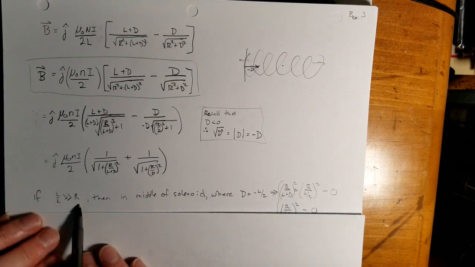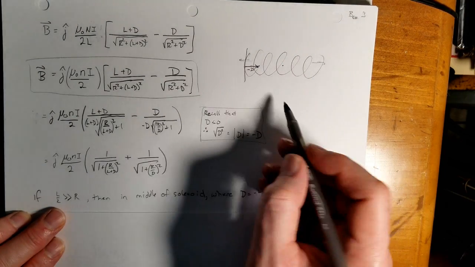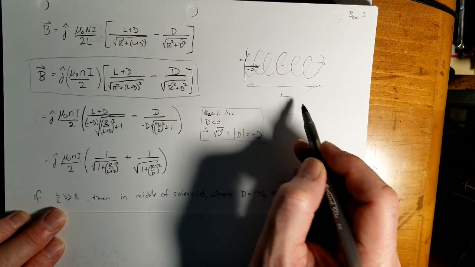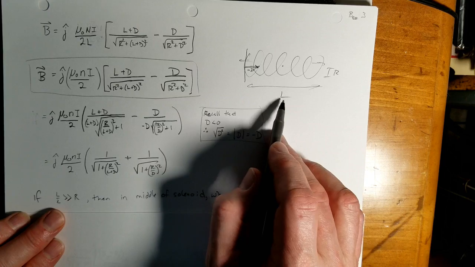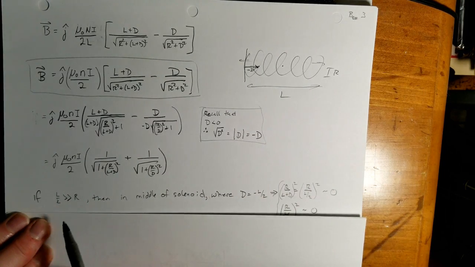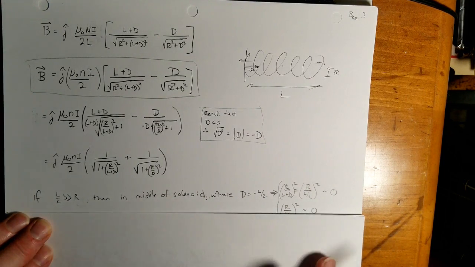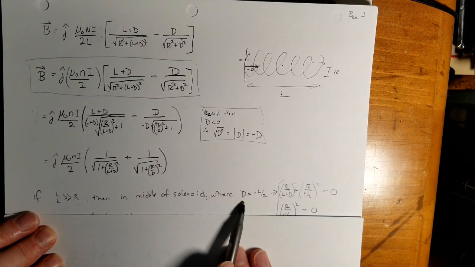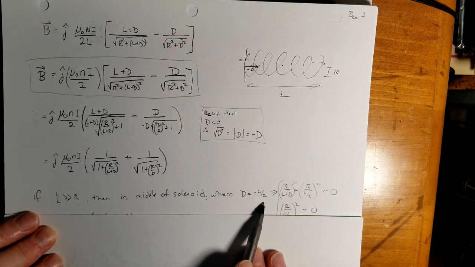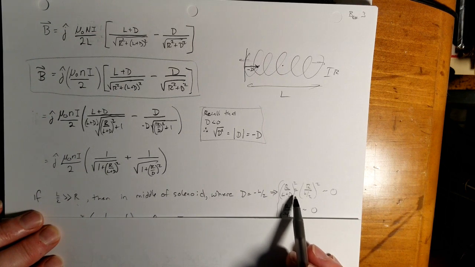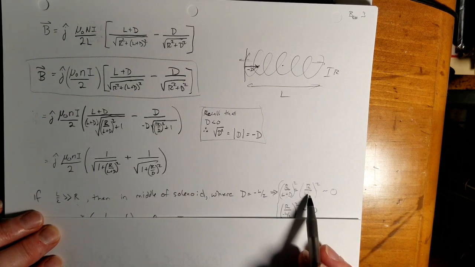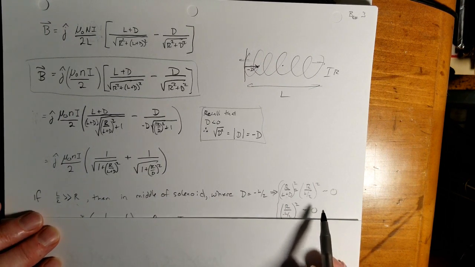If L over 2 is much bigger than R, so we're dealing with a length, that's L, and this is R. If L is much larger than R, or I specifically did if L over 2 is much larger than R, then I'm choosing that because that's the middle of the solenoid where D is equal to negative L over 2. Then R over L plus D squared is roughly equal to R over L over 2 squared, which is approximately equal to 0.